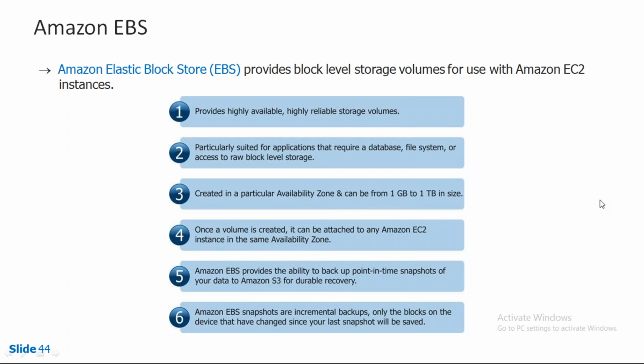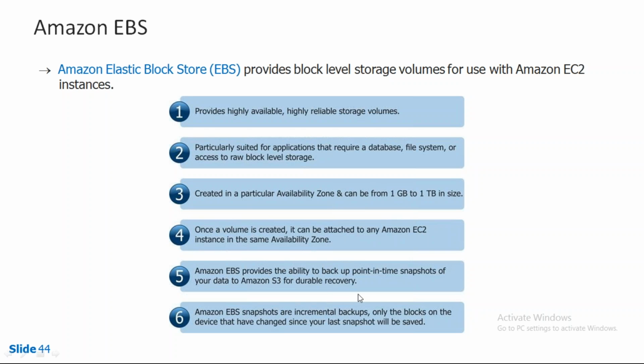A point-in-time snapshot captures the entire data as it is at that moment, and later it will write from that snapshot onto the remote location where we want to have a copy of it, and those snapshots will be stored in S3.